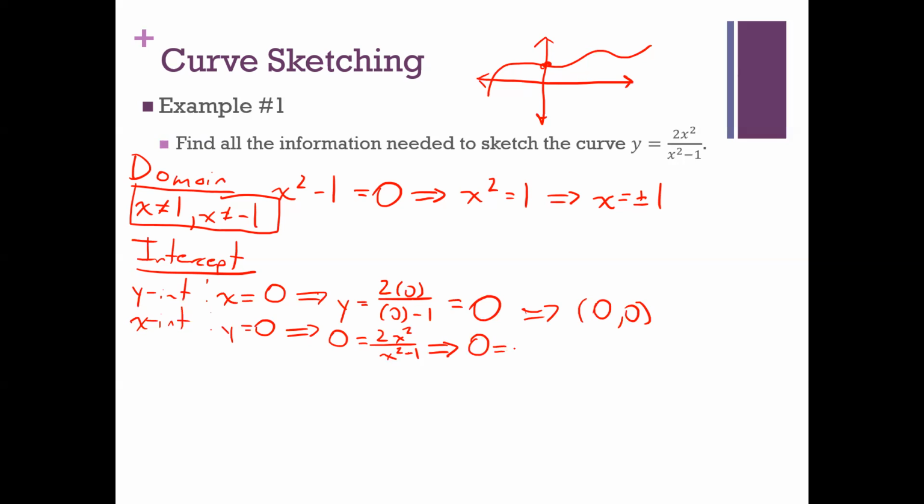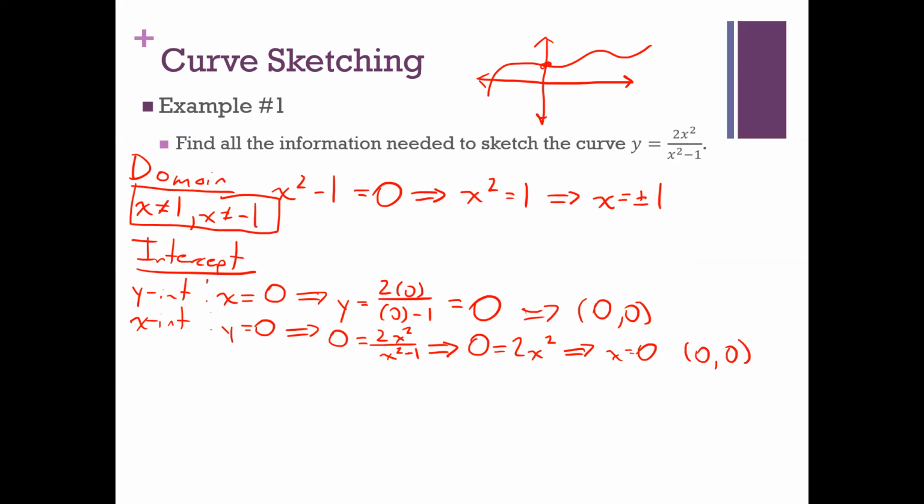Yeah, and one thing to point out is that if you have a rational function or really any fraction equal to 0, that can only be true if the numerator is equal to 0. And then from here, yes, the only intercept I have is the origin. So aside from crossing through the origin, it's not going to cross through either axis anywhere else.